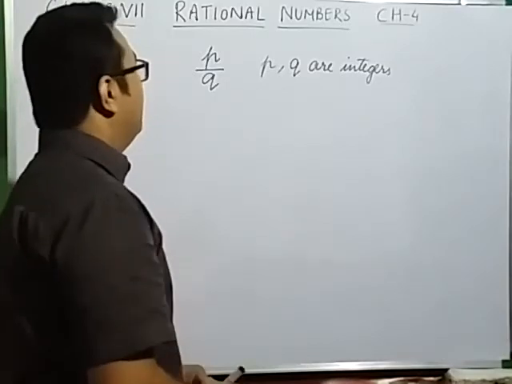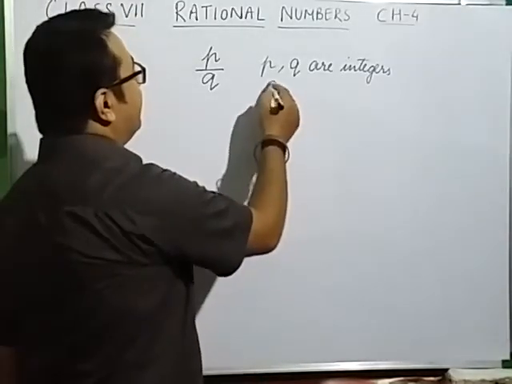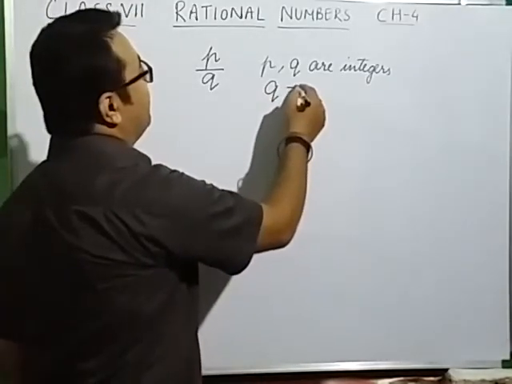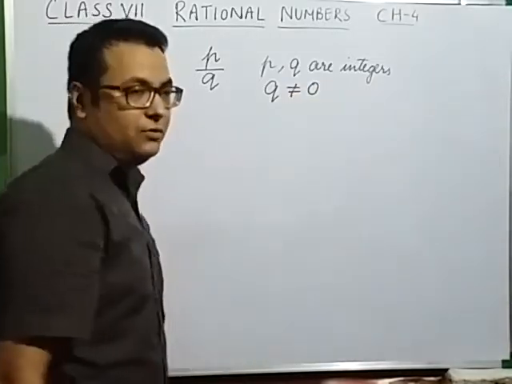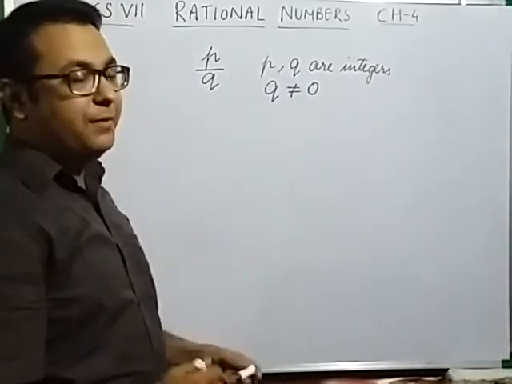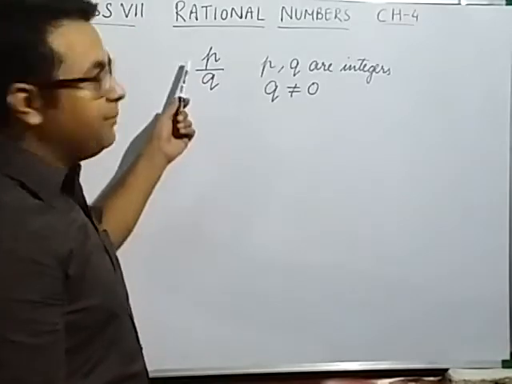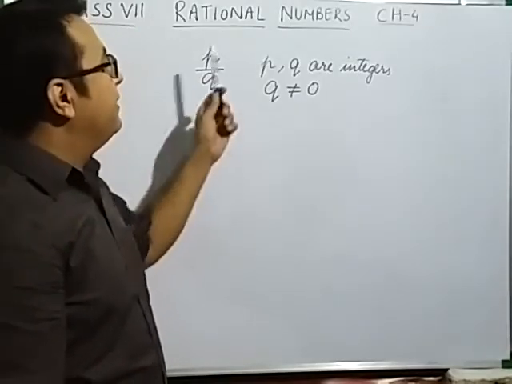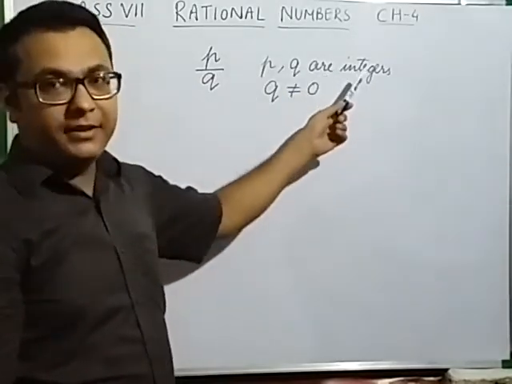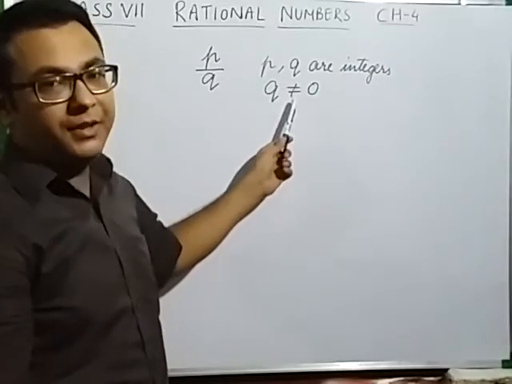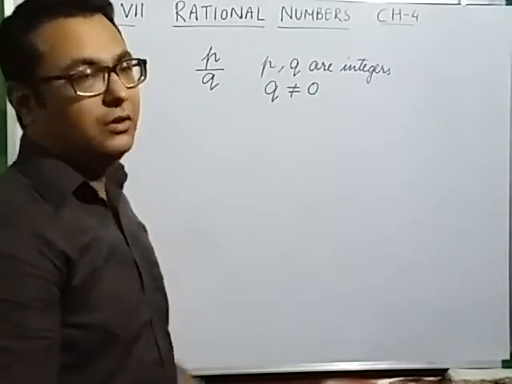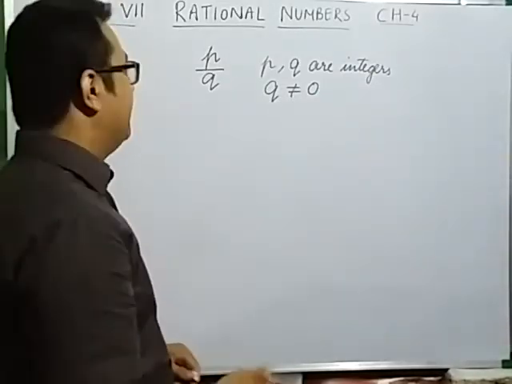One more condition is there, that the denominator should not be equal to 0. Okay, so if a number satisfies the form P upon Q, and P and Q are integers and the denominator is not equal to 0, they are called rational numbers.